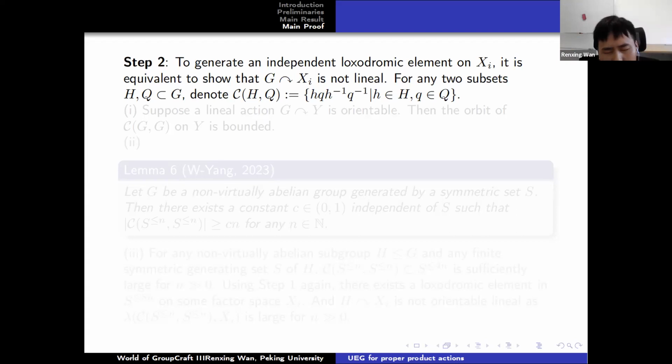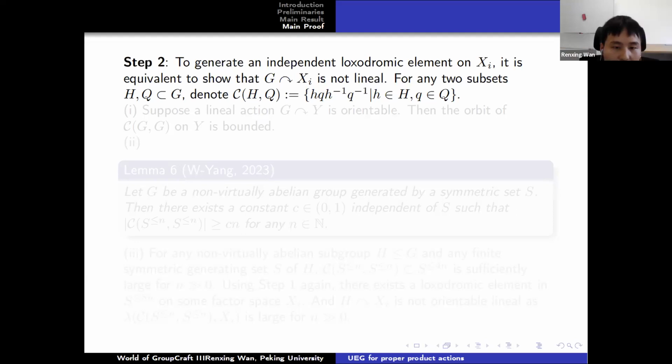Note that focal and general type actions both have independent logarithmic elements, but a linear action says that all logarithmic elements fix the same points in the boundary. So if you want to generate an independent logarithmic element, it is equivalent to show that the action of the group on the factor space is not linear.